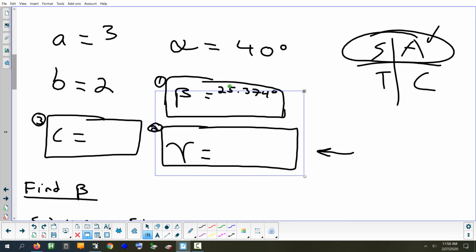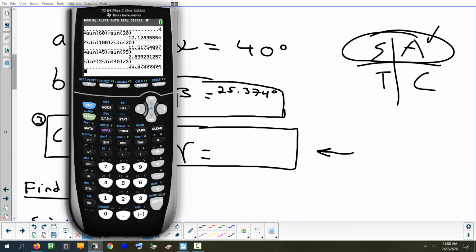You just got an answer in quadrant 1, 25.374. How would you get the other answer based off this, which is your reference angle? 180 minus. So to check for the second answer, do 180 minus 25.374.